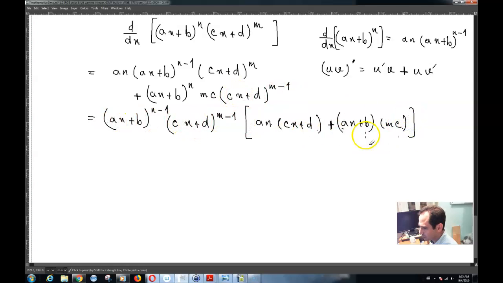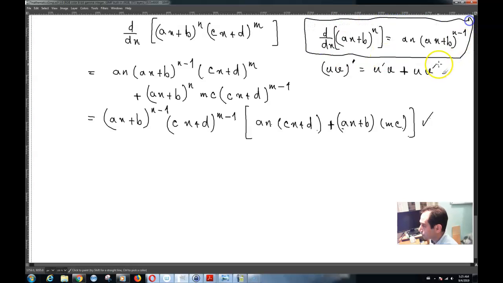So basically that's going to be the derivative of your function: (ax+b) raised to the power n minus 1 times (cx+d) raised to the power m minus 1 times [na(cx+d) + mc(ax+b)]. The basic thing you need to know here is this derivative and the product rule, and other than that it's just rearrangement of the terms.